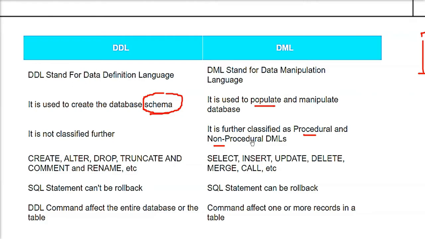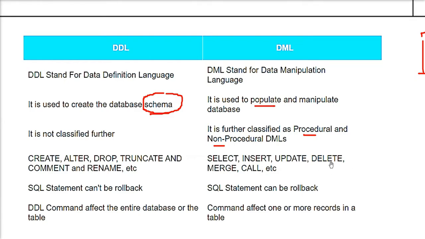For DDL, we have create a table, alter a table, drop a table or even a database, truncate, comment and rename. In DML, we can select, insert a field, update a record, delete a record, merge, call. These are DML commands.